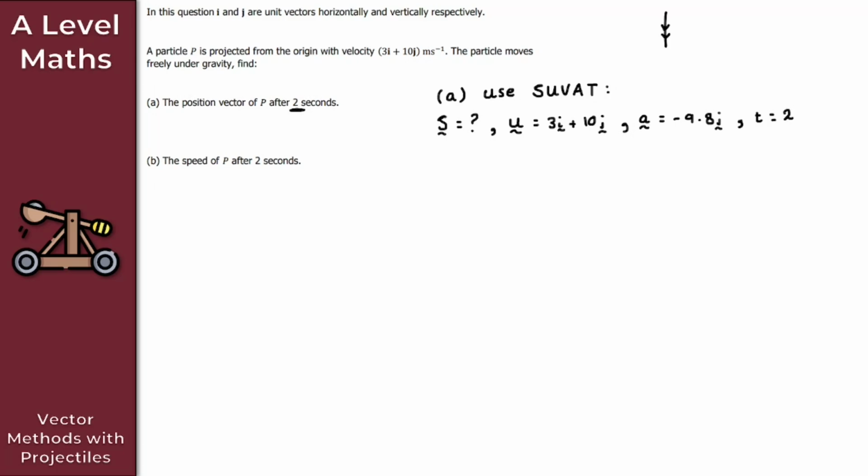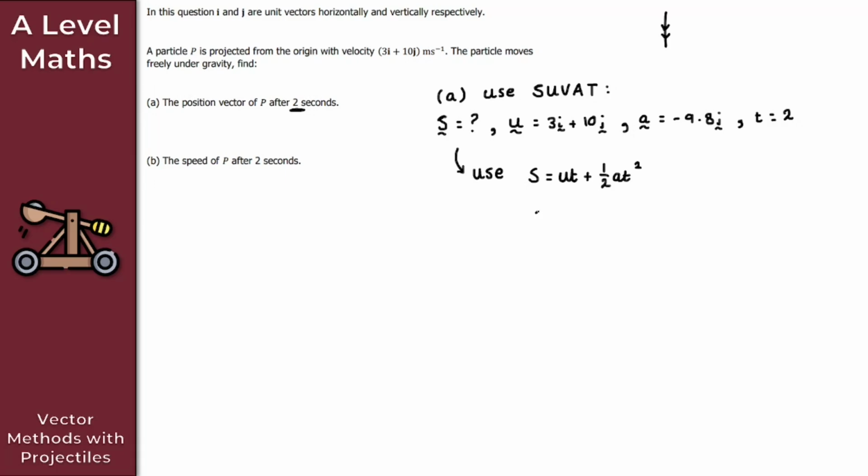Based on the information we have to hand, we're going to use s equals ut plus a half at squared. s is what we're looking to find.